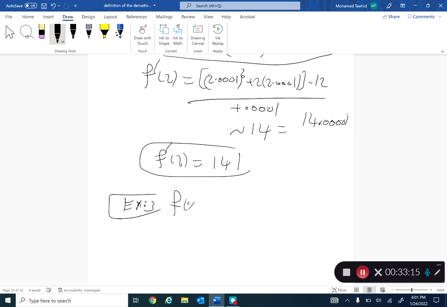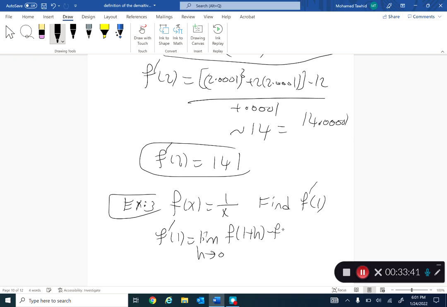If I have f of x equal 1 over x, just 1 over x, I need to find f prime of 1. How to do it numerically? F prime of 1 is the limit as h goes to 0 of f of 1 plus h minus f of 1 over h. What is your a, guys, here?